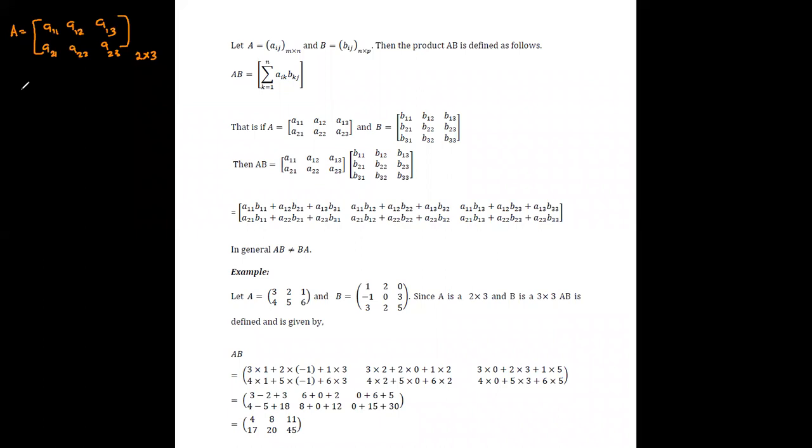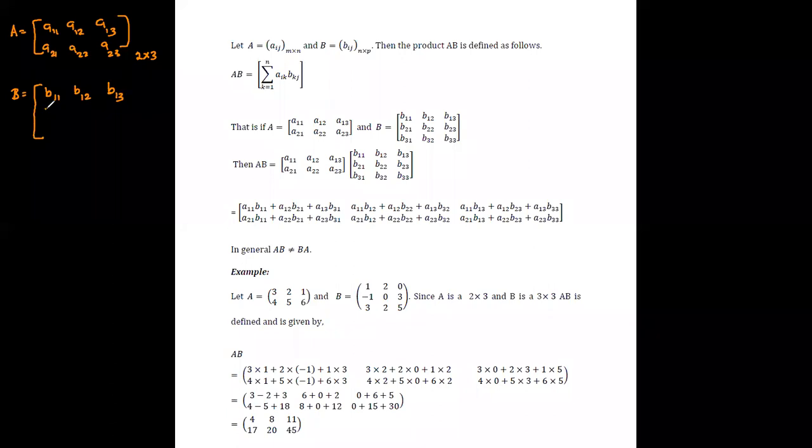Then let matrix B be another matrix in the form of B11, B12, B13, B21, B22, B23. Now you can see that this is a 3 by 3 matrix.